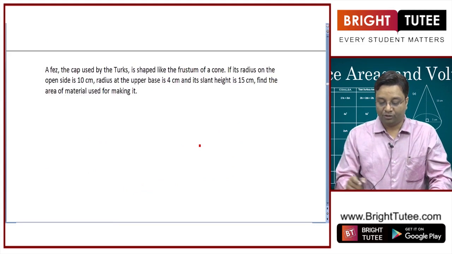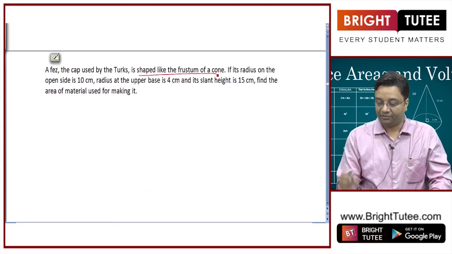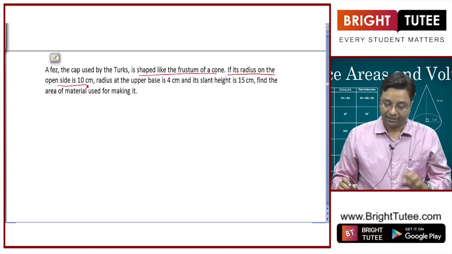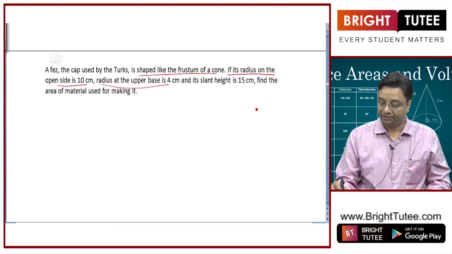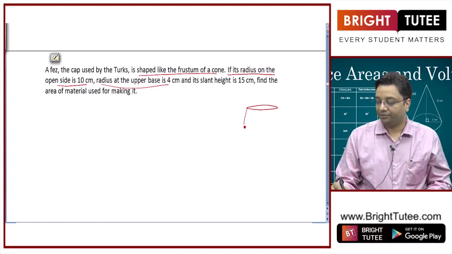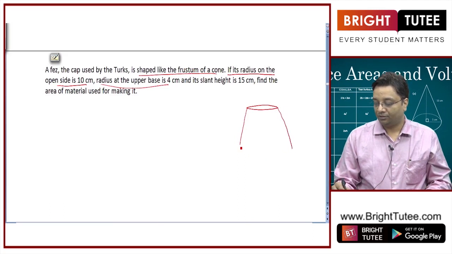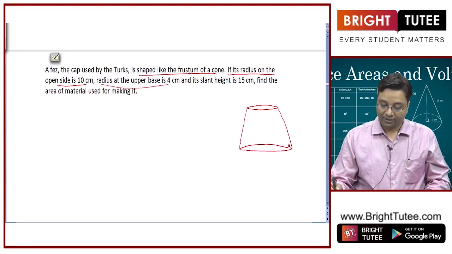The cap used by the Turks is shaped like a frustum of a cone. If its radius on the open side is 10 centimeter and radius at the upper base is 4 centimeter. So this cap will be of this shape. It will look like a frustum and radius of the upper base is given as 4 centimeter.